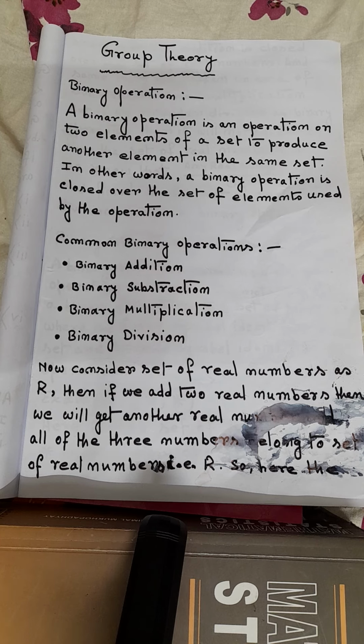So if you consider the operations addition, multiplication, and subtraction on the set of real numbers, you can see that they produce real numbers. But for division, if we consider dividing any element by 0, it will always produce undefined.